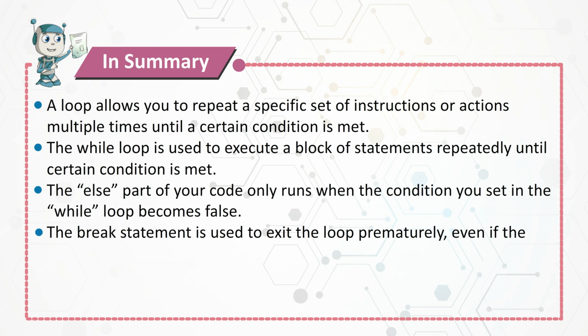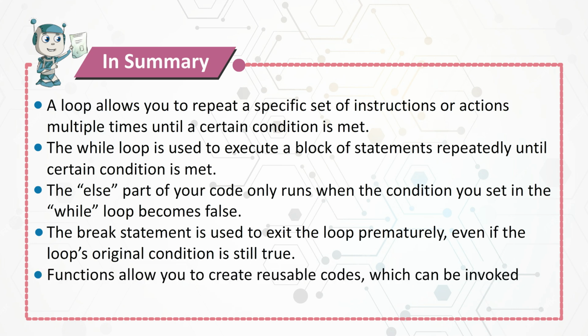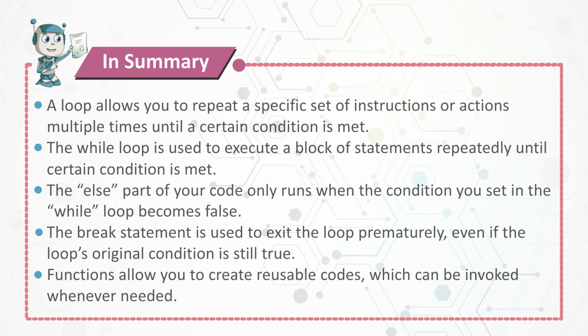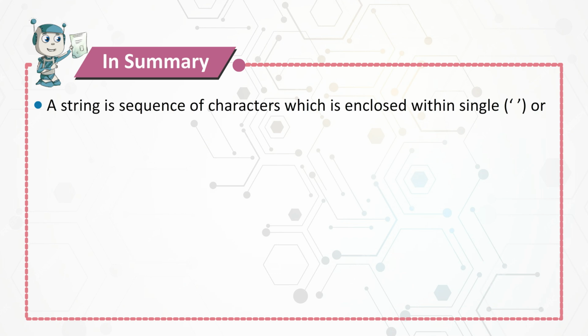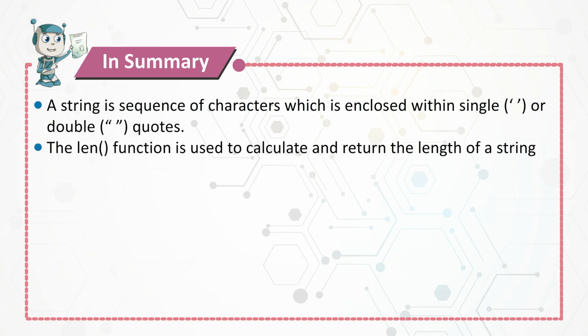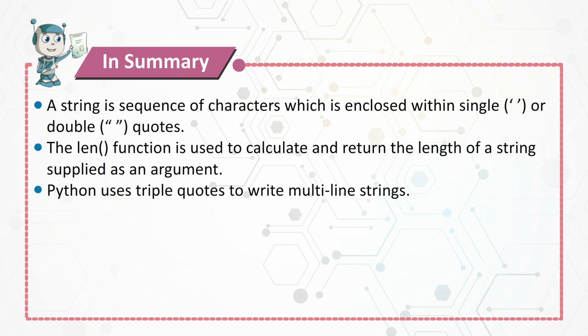The break statement is used to exit the loop prematurely, even if the loop's original condition is still true. Functions allow you to create reusable code, which can be invoked whenever needed. A string is a sequence of characters which is enclosed within single or double quotes. The len function is used to calculate and return the length of a string supplied as an argument. Python uses triple quotes to write multiline strings.